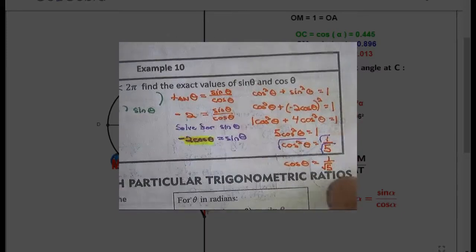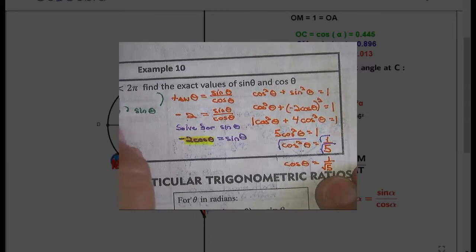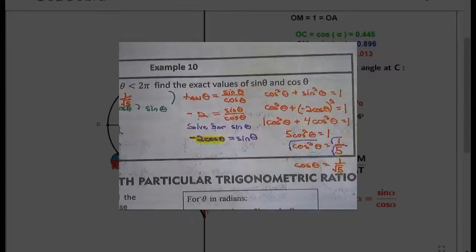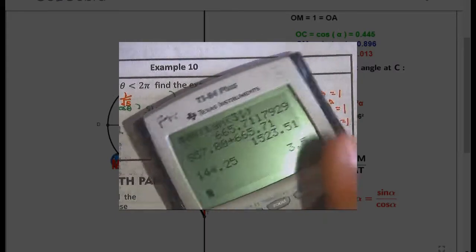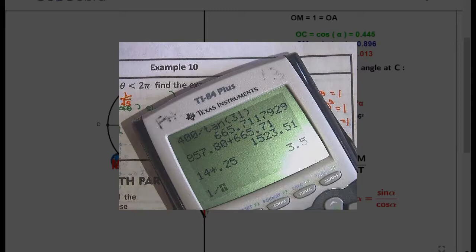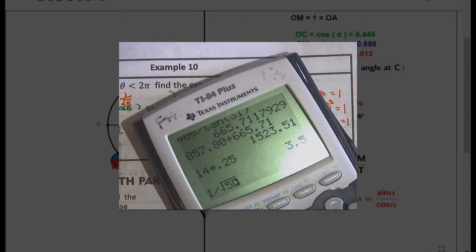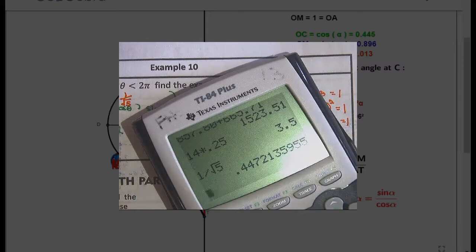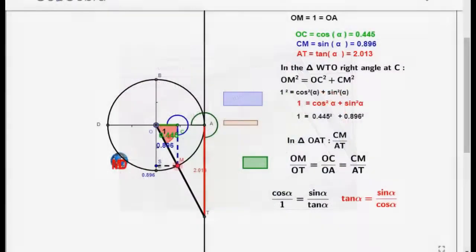All right. So there's our cosine value, 1 over root 5. That as a decimal, 1 divided by square root 5, is 0.499. Let's see what we had on our applet here. Okay, 0.44.